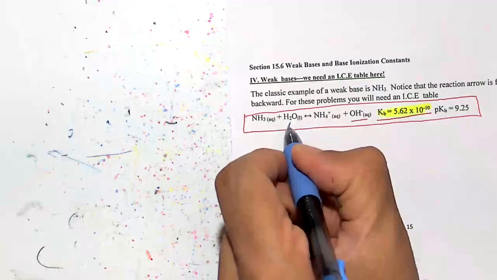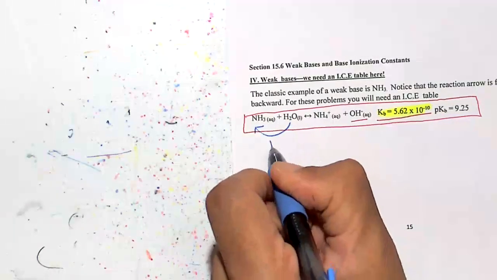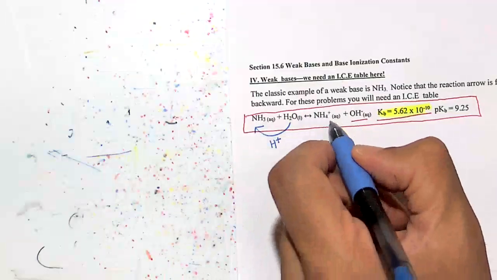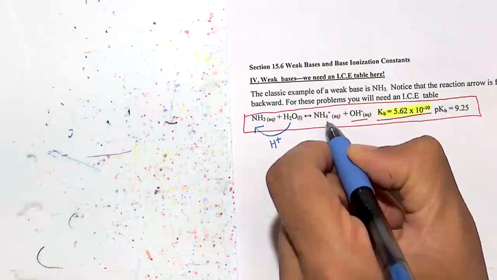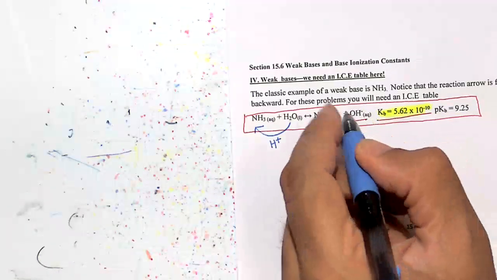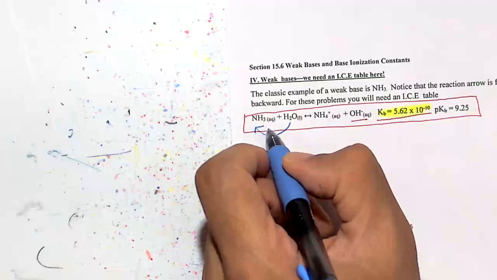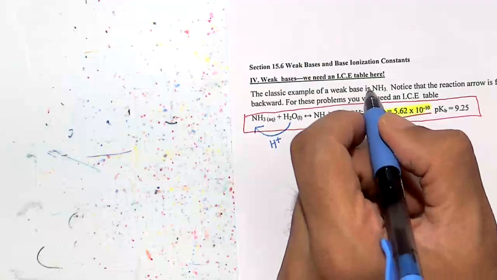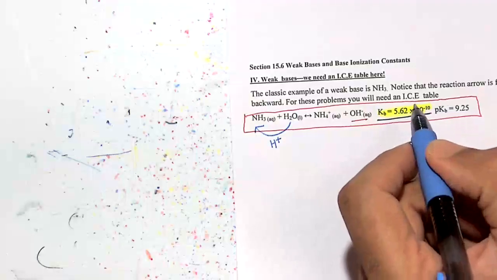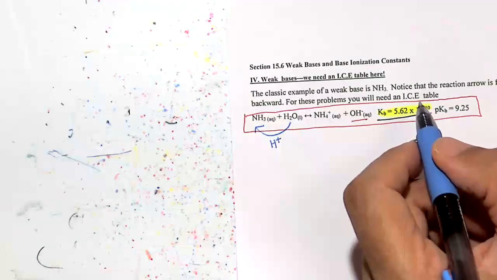Okay, so here water is donating the proton. The NH3 takes it, it abstracts that proton, it gives you the conjugate acid NH4 plus, and there's that OH minus. Okay, so bottom line, NH3 is a source of OH minus, but it's a weak source by the Kb value given to us in our textbook.